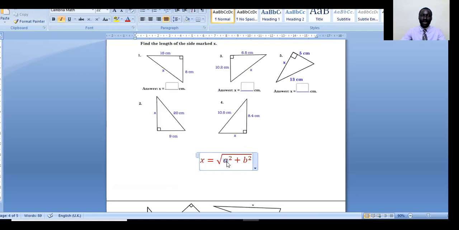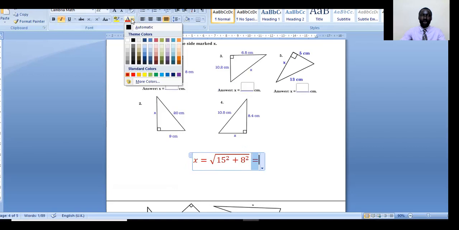And A in this case is 15 and B in this case is 8. So from here we can find an expression which will give us the value of X.